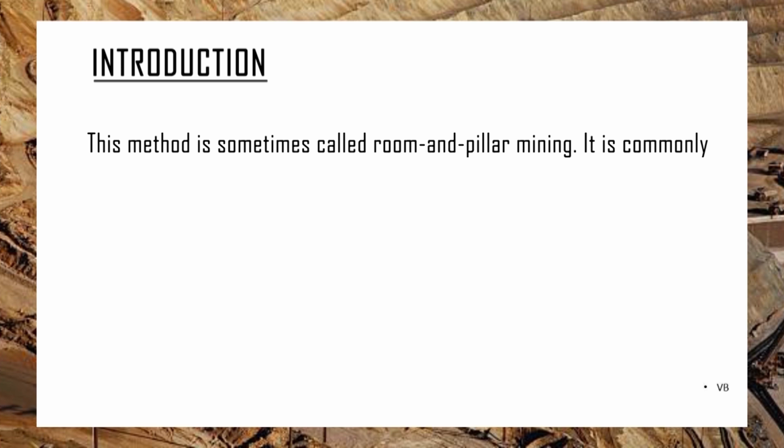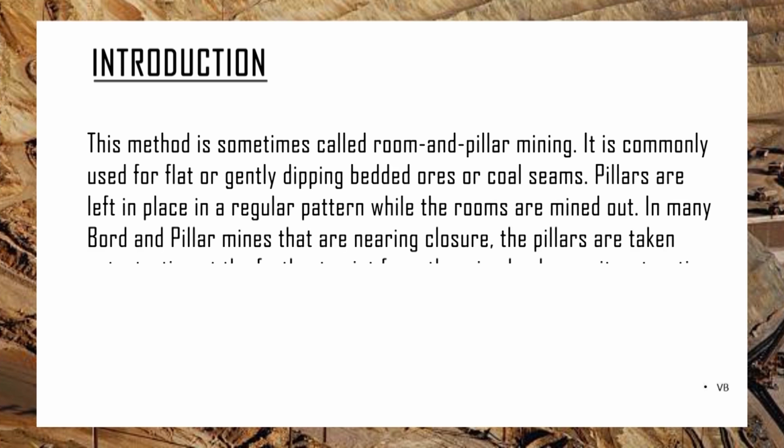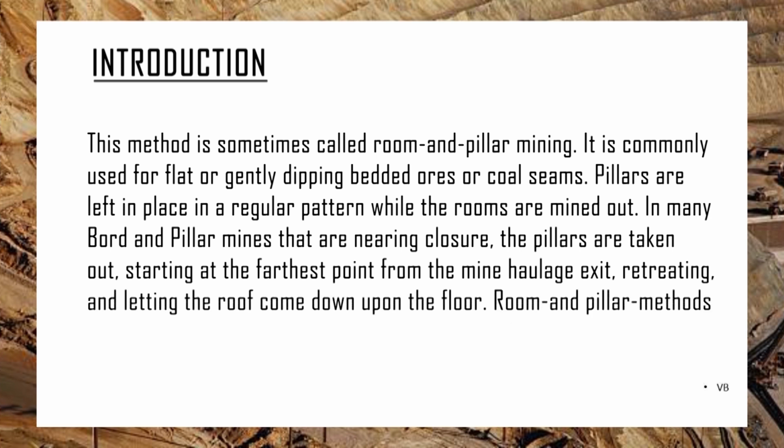So, first I will discuss the introduction. This method is sometimes called room and pillar mining. It is commonly used for flat or gently dipping bedded ores or coal seams. Pillars are left in place in a regular pattern while the rooms are mined out.